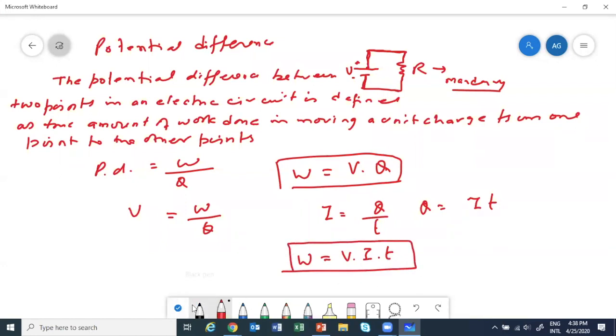Any doubt on this? How we can calculate the work done in the electric circuit? Please say yes or no.